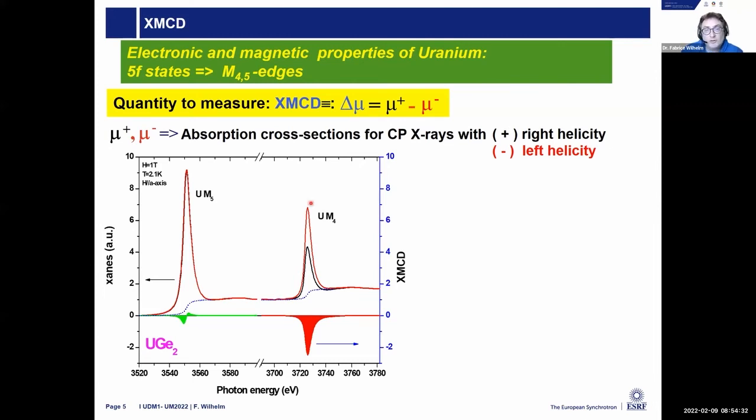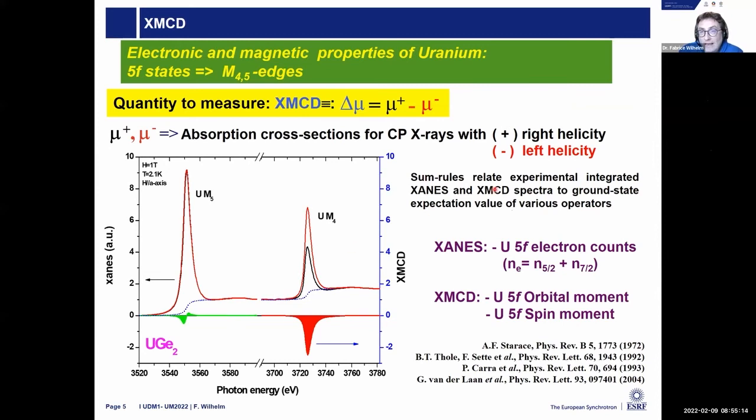The quantity to measure, so-called XMCD, is per definition the difference between the absorption cross-section for circularly polarized light with right helicity, here in black, and with left helicity. This difference between the two absorption spectra is the XMCD. You see that the XMCD signal, in the case of UGe2, at ambient pressure under a field of 1 Tesla and at a low temperature of 2.1 Kelvin, is very large at the uranium M4 edge and rather small at the uranium M5 edge. And we can also see that at the uranium M5 edge, it has a dispersive line shape.